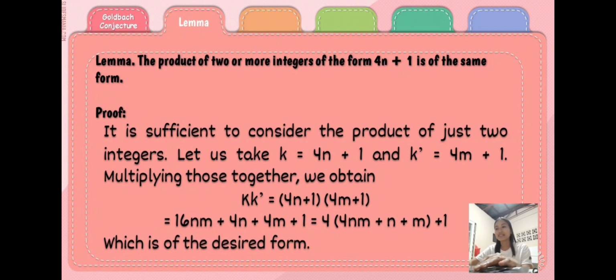As we distribute using the FOIL method, that equals 16mn plus 4n plus 4m plus 1, which is equal to 4(4mn plus n plus m) plus 1, which is of the desired form.